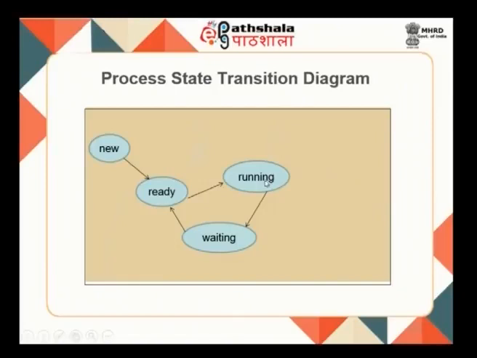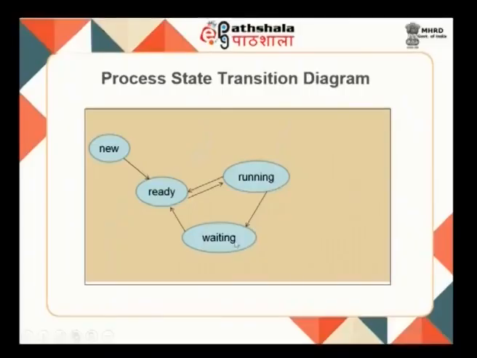And suppose a process is running and its time duration gets over. It is possible to give a particular time duration for a particular process. We can say that this process has to execute for only a certain amount of time, and if that time duration gets over, the process can be moved back to the ready state, wait again here in the ready state to get back the CPU.